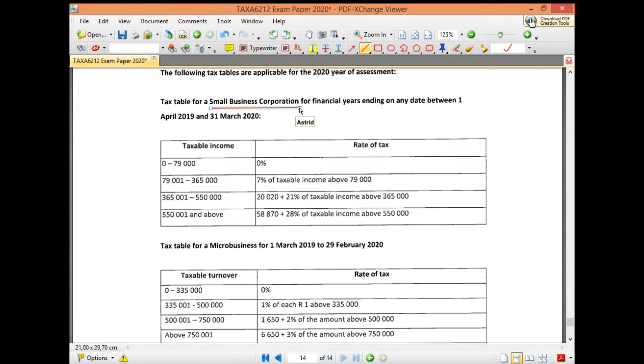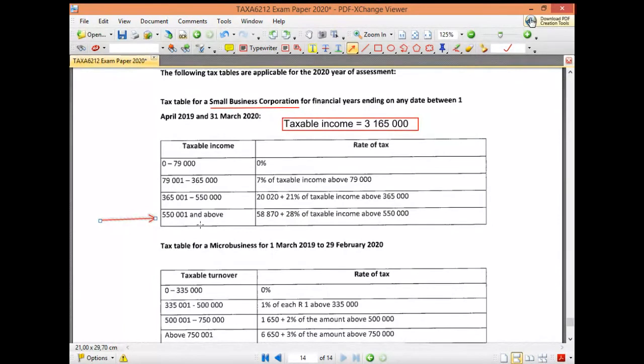Now, the value they have given to you is they said our taxable income is, let's just write here, taxable income was 3,165,000 that we need to apply. Now, how you have to apply this tax table is you start here on the left-hand side with your taxable income. Now, I go look, where does my amount fit in? Based on the table and the amount of taxable income, you will all agree it is actually above 550,000.